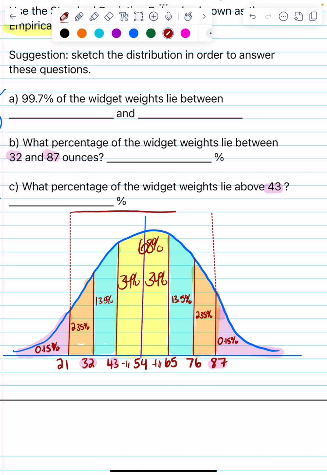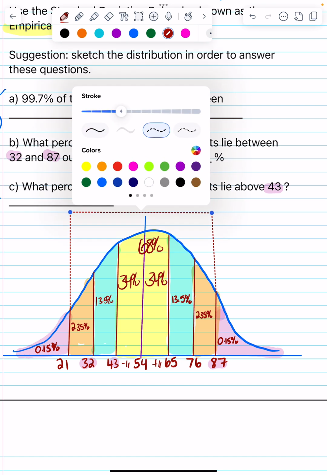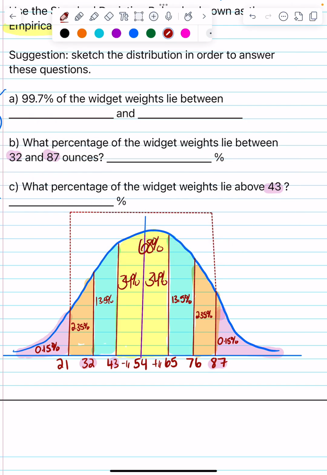So this area here that I have sectioned off is 99.7% of the data. And since we're labeling that one, I'll go ahead and tell you that from here, like 2 standard deviations away from the mean is 95% of the data.